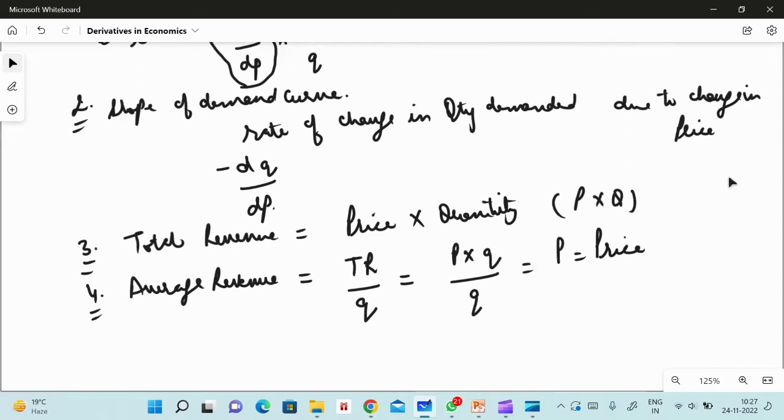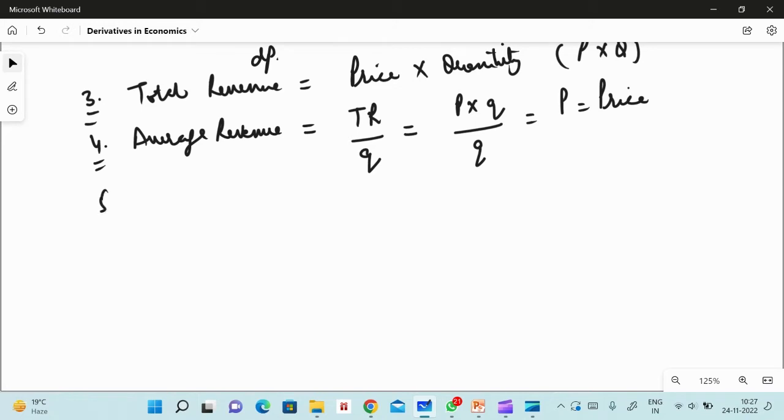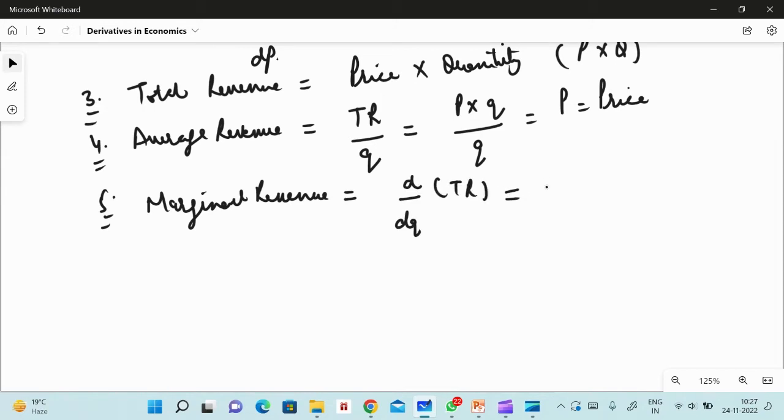Now comes the concept of marginal revenue. So the fifth point is marginal revenue. Marginal revenue is equal to d by dq of total revenue, or you can write it as d by dq of pq, because the formula of total revenue is pq. And if you see here, there is p into q, so here we apply the product rule.